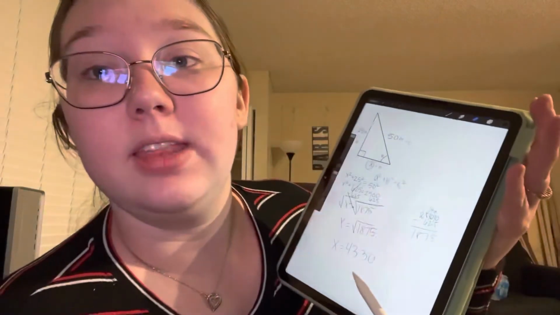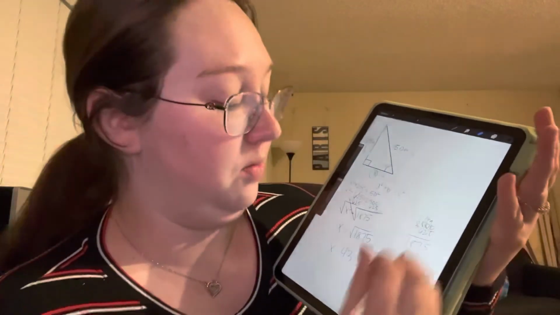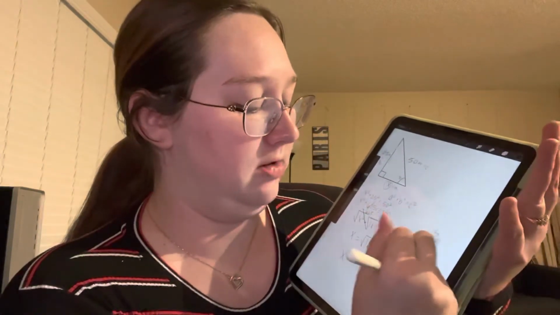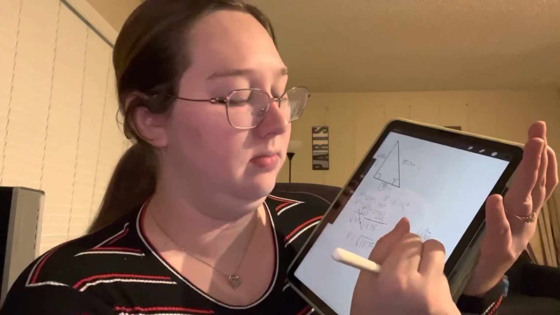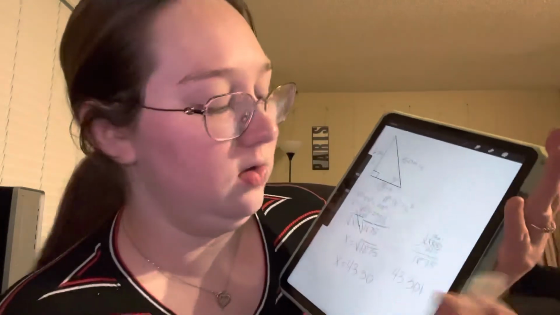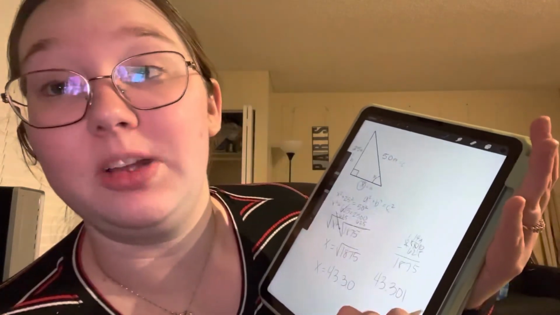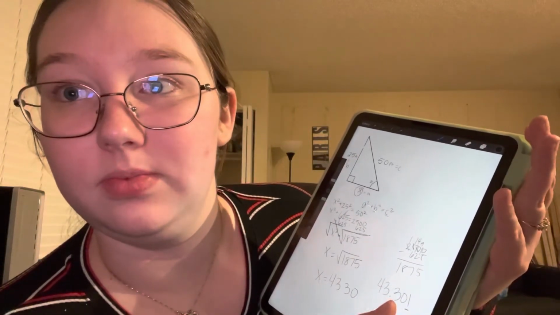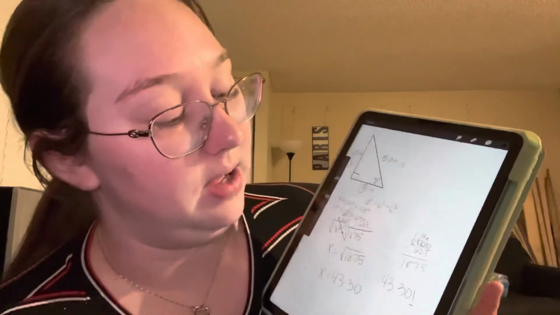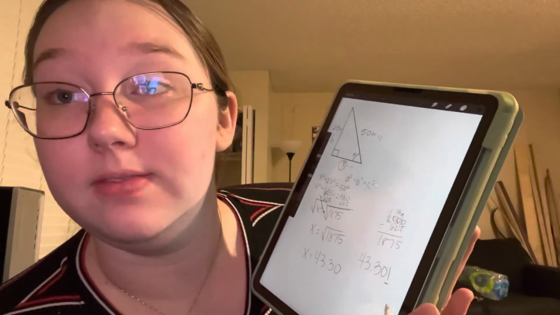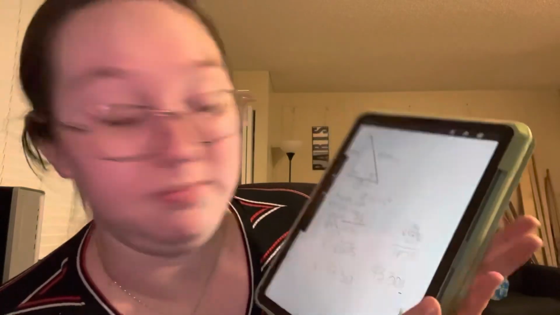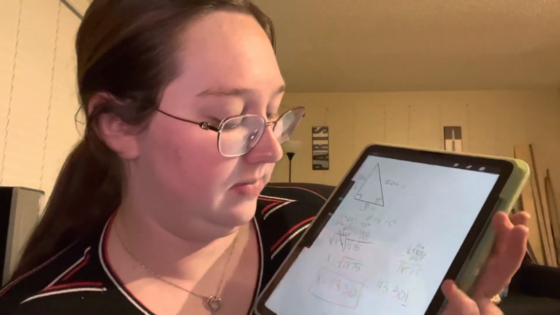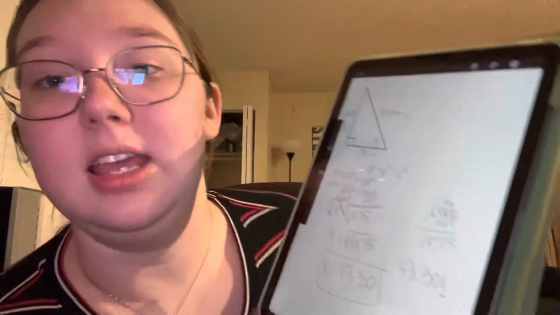So if we come back together, if you put it in the calculator, it's going to be 43.301 and so on. We don't need to know that because we just need to round to the hundredths place. Is 1 bigger than 5? Nope. So we're going to leave it as 43.30. And that's how we found out what x equals.